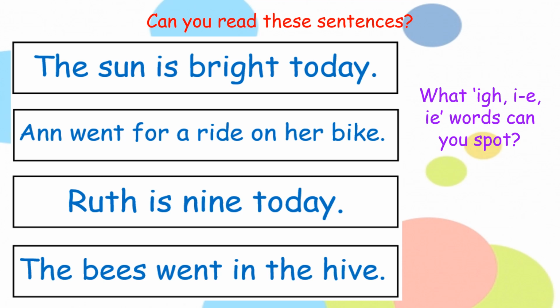Your first sentence says, the sun is bright today. Your second sentence says, Anne went for a ride on her bike. Your third sentence says, Ruth is 9 today. And your fourth sentence says, the bees went in a hive. And the different I words we have are bright, bike, nine, and hive.